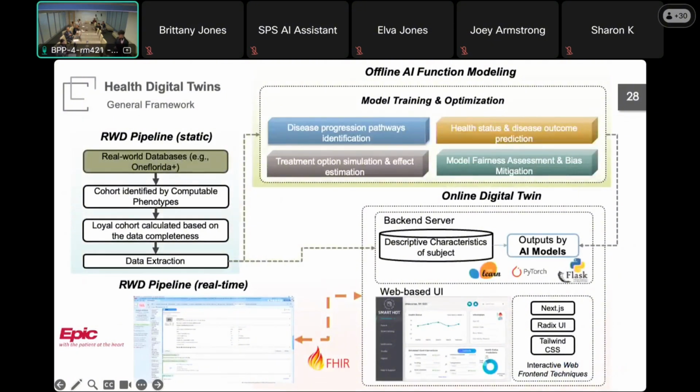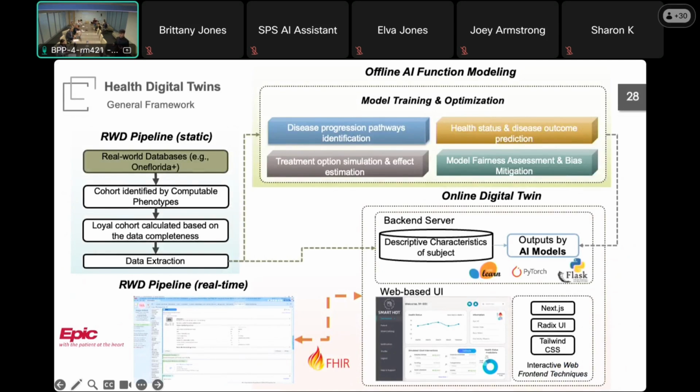Here is my initial design of a general health digital twin framework. In this framework, we have two data workflows. The first one is called the static real-world data pipeline. In this component, we aim to generate cohort data from real-world databases.